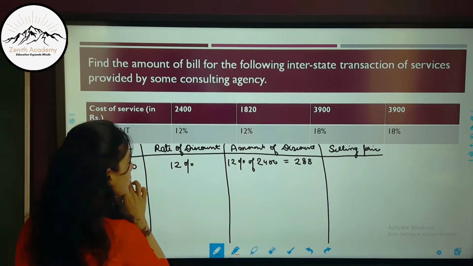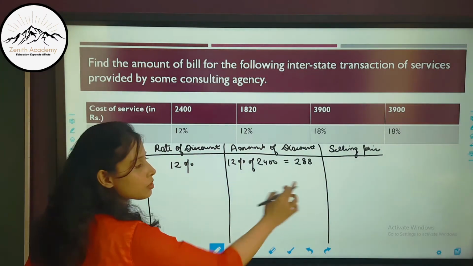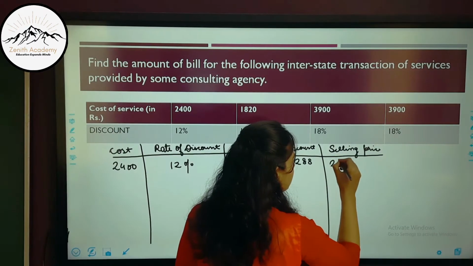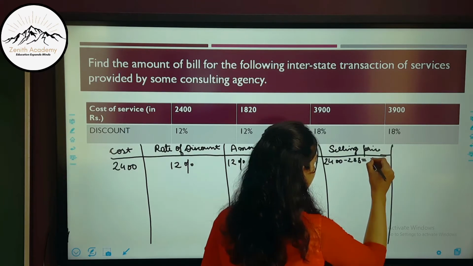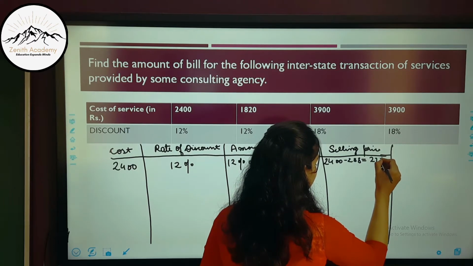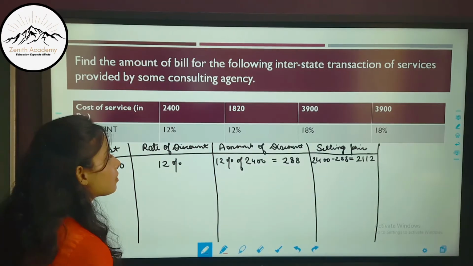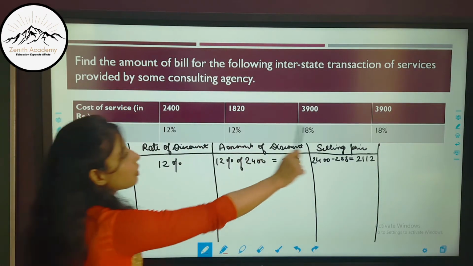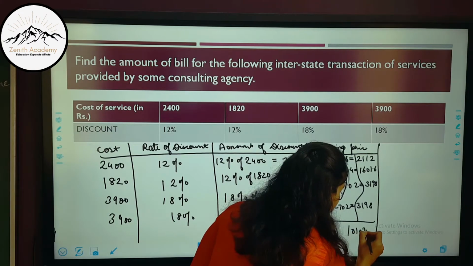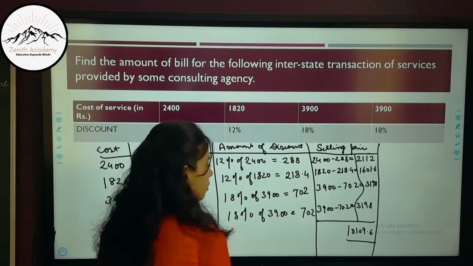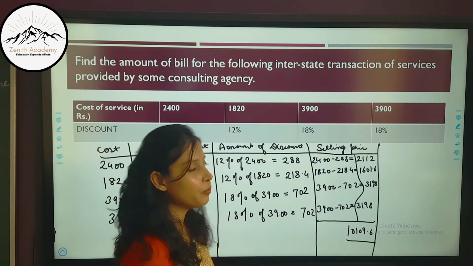Now 2,400 is the cost, discount is 288. So selling price will be the difference. Similarly we'll find for the other three services. So our total will be 10,109.6. This is our total sales value.